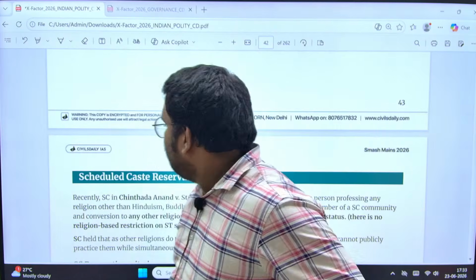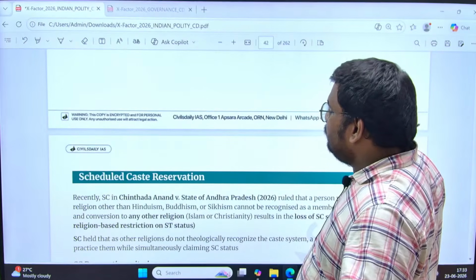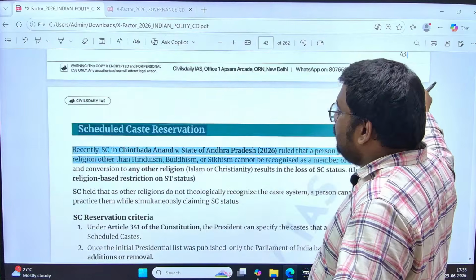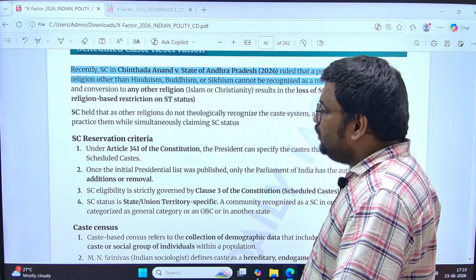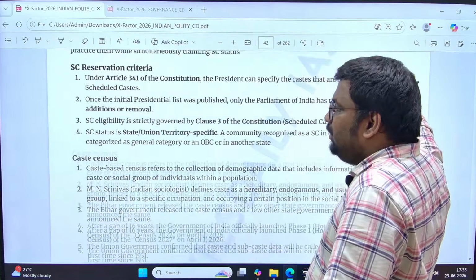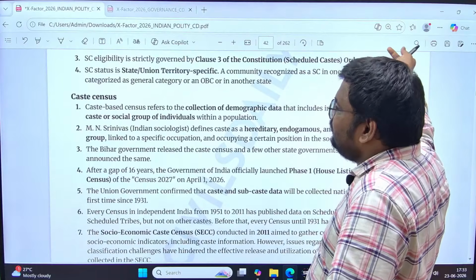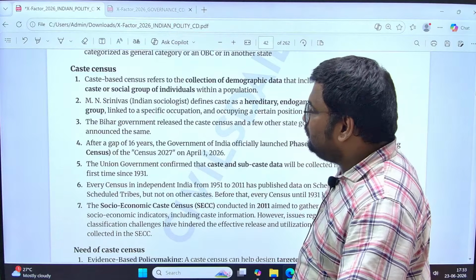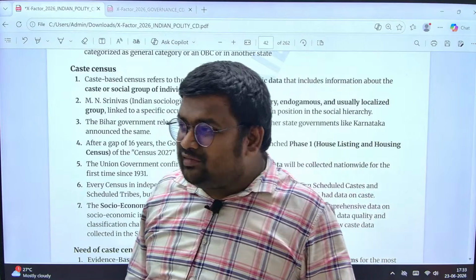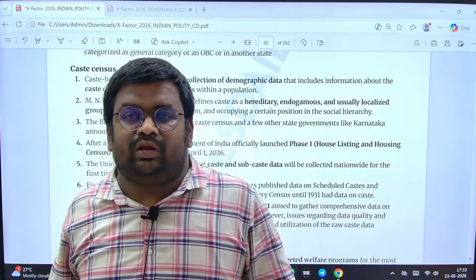Okay. Similarly, SC scheduled caste reservation. Okay. So here also if you see, this is the case in 2026. So the current affairs. Similarly, you can get a question on caste census because government announced that 2027 census will involve the caste enumeration.